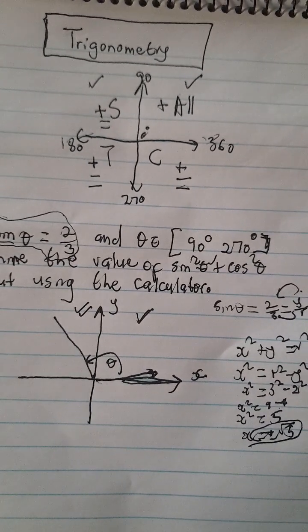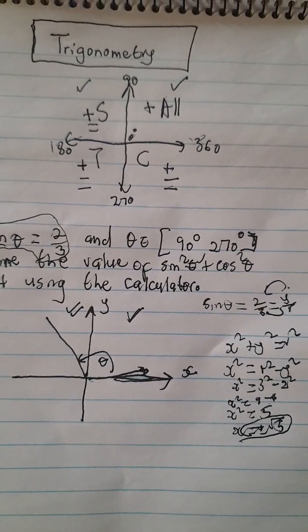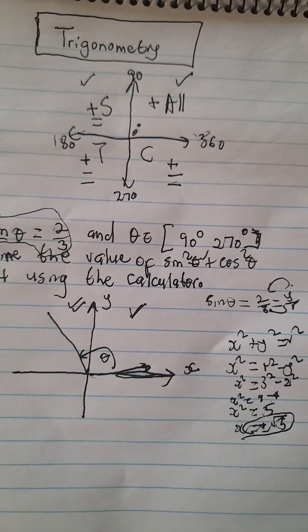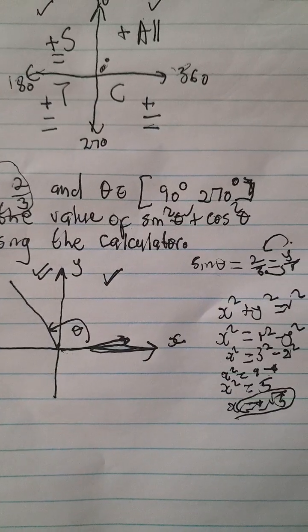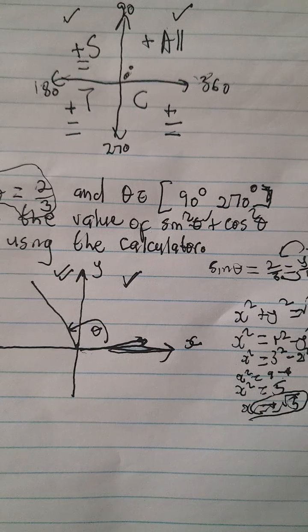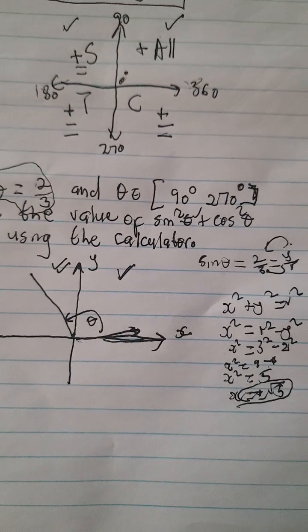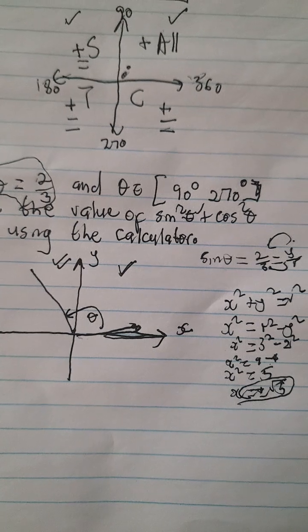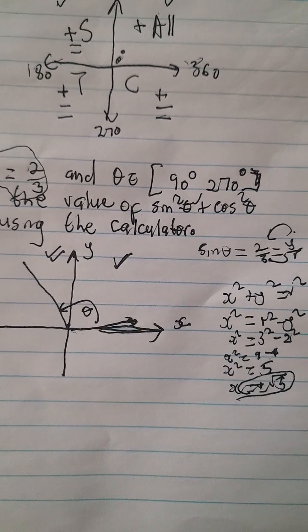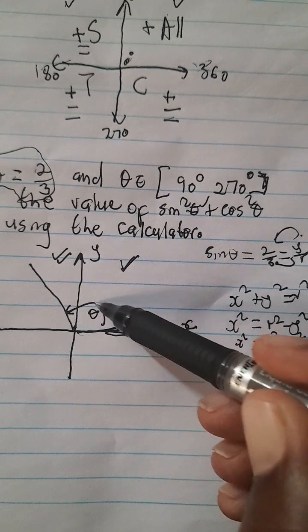So when you are here, I want you not to rush. I'll tell you why. As I've said, why two ticks on the second quadrant? It is because this is where the terminal arm, talking about this theta, lies: on the second quadrant.